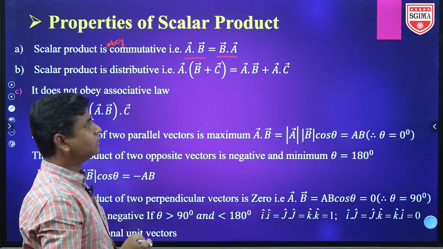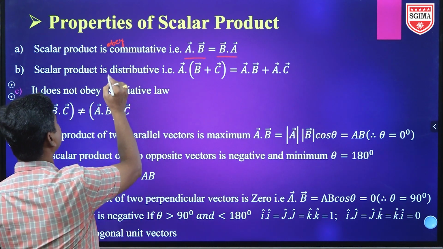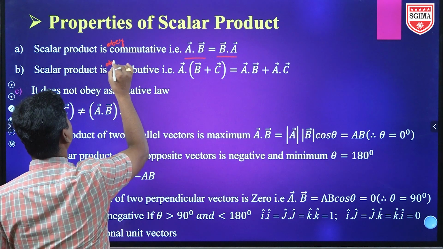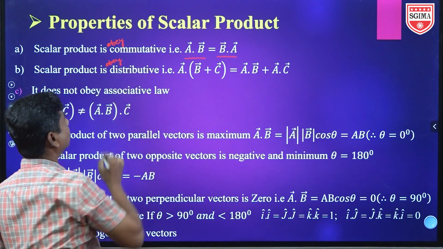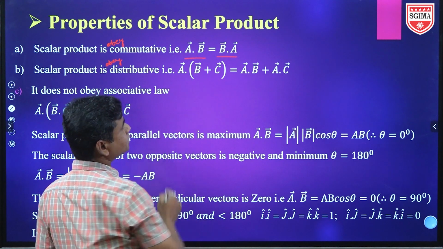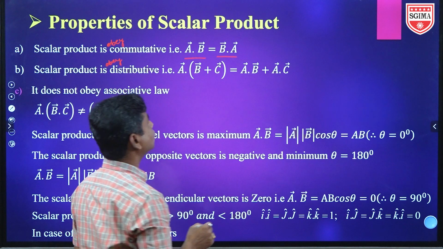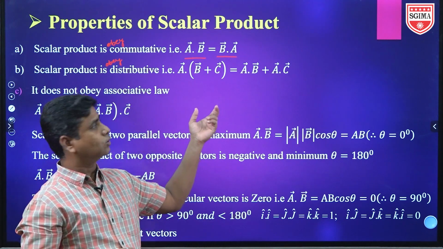The scalar product also obeys the distributive law, that is a bar dot b bar plus c bar equals a bar dot b bar plus a bar dot c bar. You just distribute the terms.